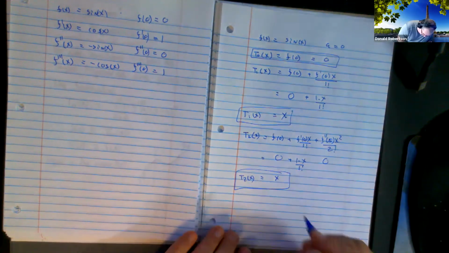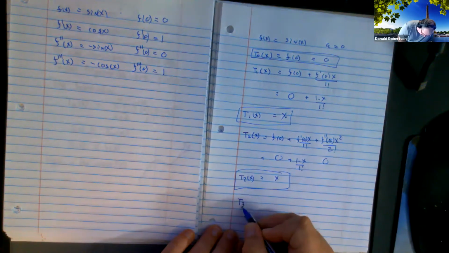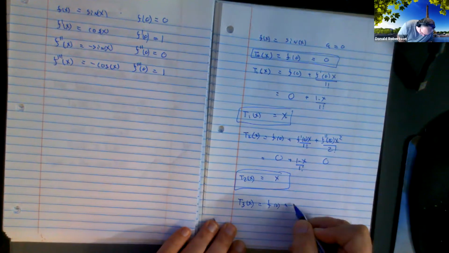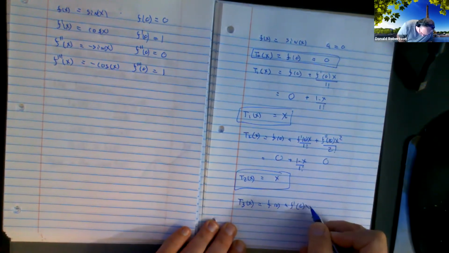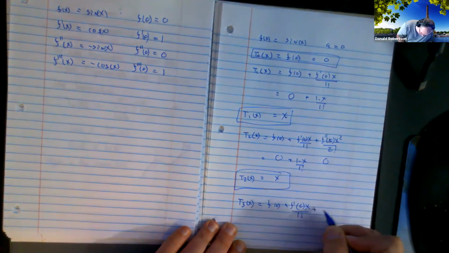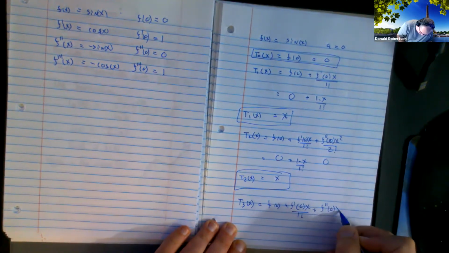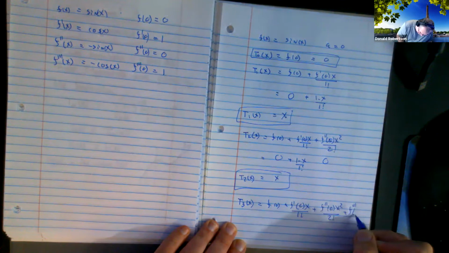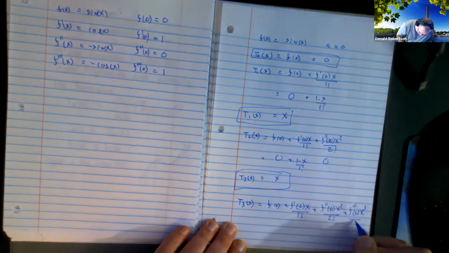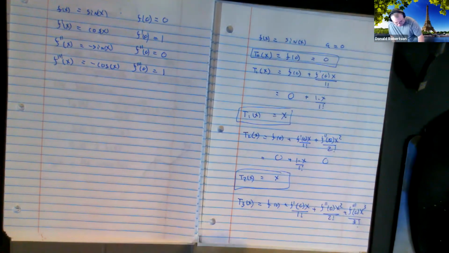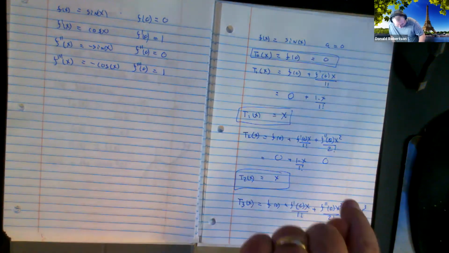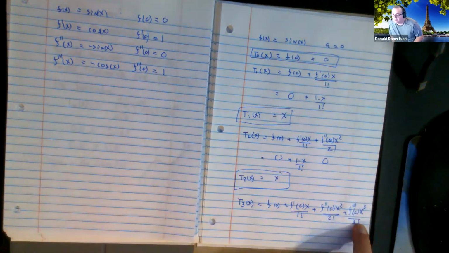So there's one last one that we're going to get, and that's t3 of x. And that's f of 0 plus f dashed of 0 x over 1 factorial. Have you noticed that the way these things work, can't you just use the previous answer and then just add one more term?